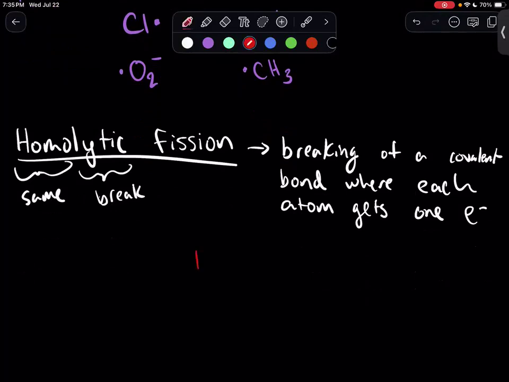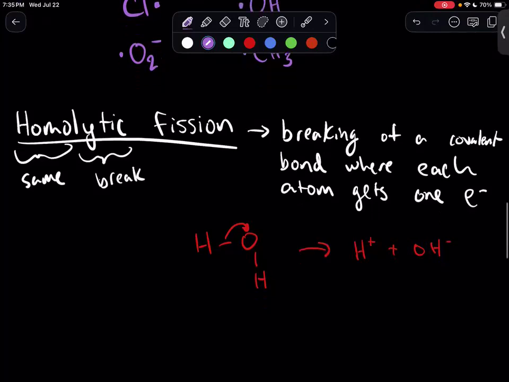For example, like when we looked at acids and bases, HOH, water can break down into H plus OH minus, where the electrons in the bond both move onto the oxygen. And so in homolytic fission, it's more even.